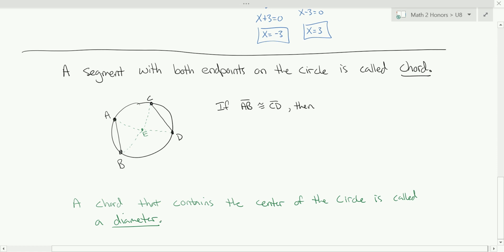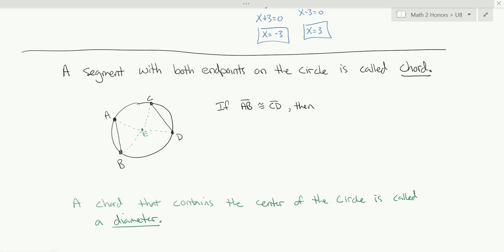So if CB was a diameter and AD were a diameter, then we would have vertical angles, right? But I don't know that those are diameters. I don't know that, like if I drew CE and I just kept going straight, I would hit B. Actually, my picture doesn't even look like it would. So we can't use vertical angles here. But what can we say about the triangles AEB and CED?